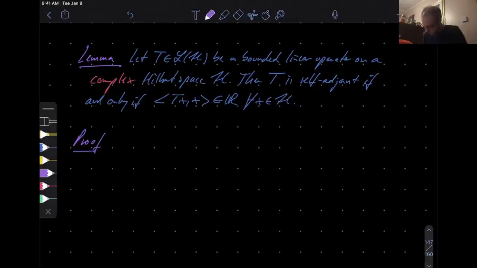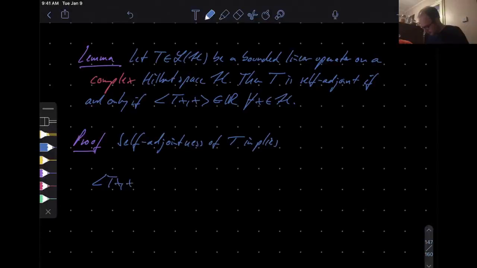Proof. Well, there's one direction which is super easy, namely self-adjointness of T implies, well, Tx comma x is, by the yellow box, x comma T star x, which is, because self-adjoint, x comma Tx, and then you use the property of the inner product.